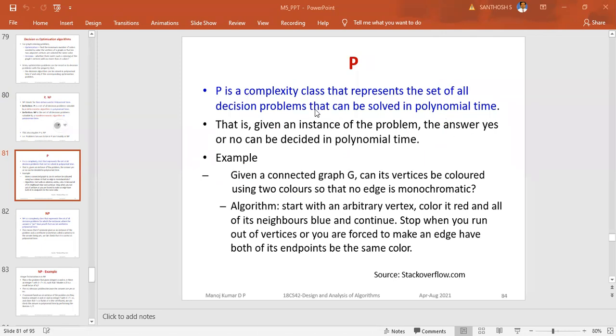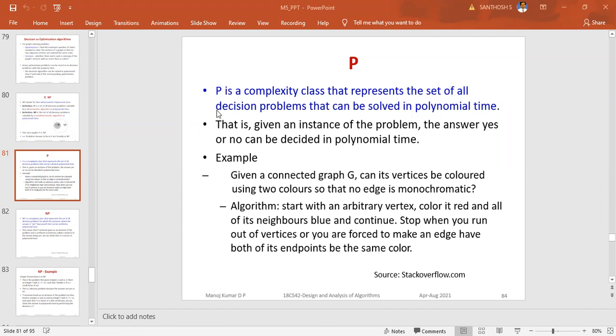Yesterday we went through two types of problems: the first is the decision problem, the second is the optimization problem. A decision problem means the answer is in terms of yes and no, whereas in an optimization problem you are getting a solution for it.